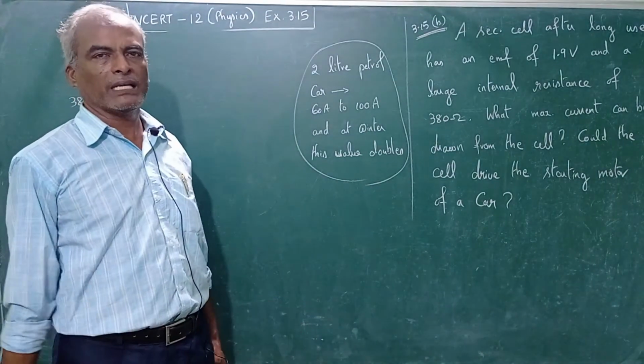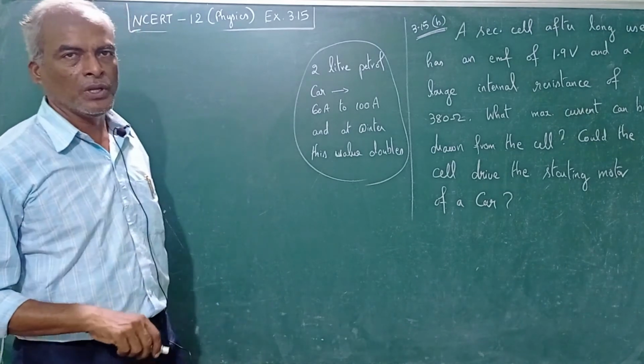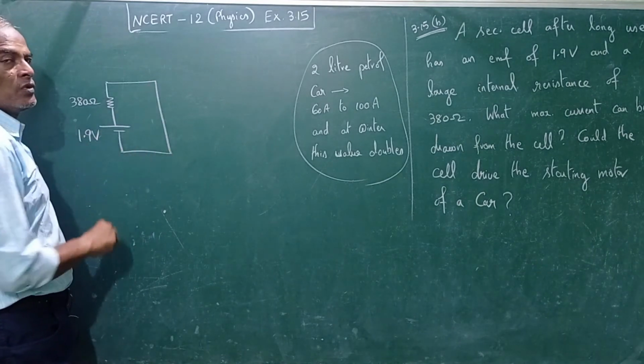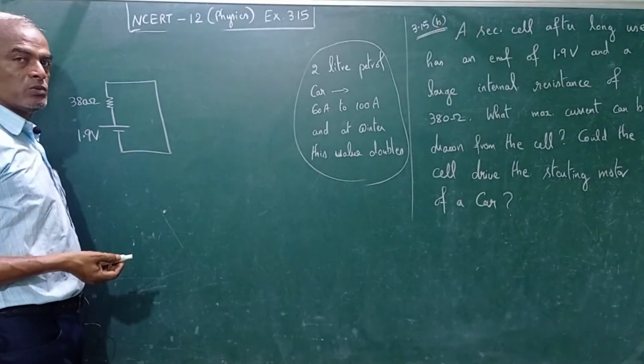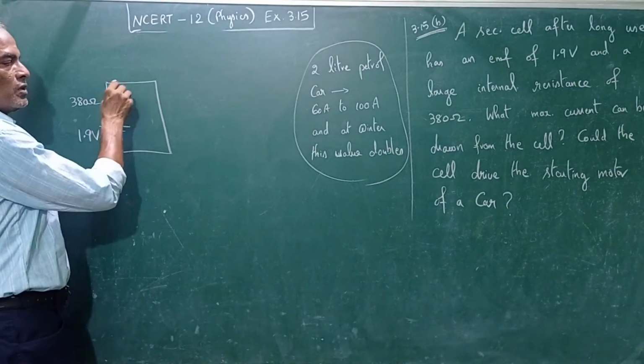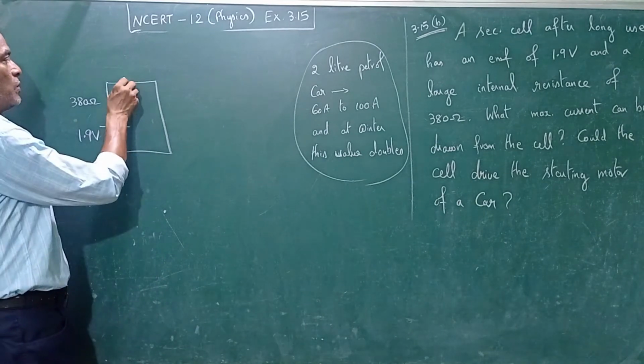If you want maximum current, you just short circuit. The external resistance has to be 0. So if you just short circuit, you are including only the wire resistance. Wire resistance is approximately 0. Therefore, under short circuit condition, maximum current will flow. So what is I?